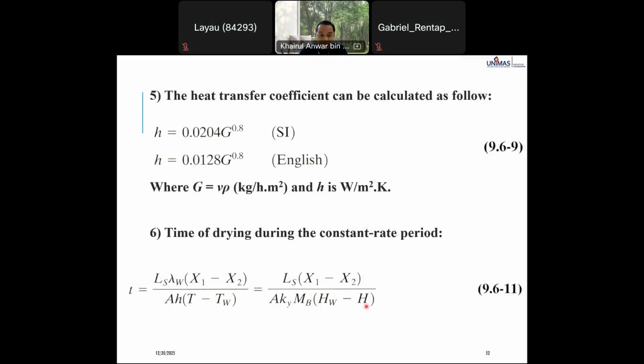V is velocity, rho is density. Time of drying during the constant rate period: t equal to Ls lambda w times X1 minus X2 over A h times T minus Tw. This is equation 9.6-11.